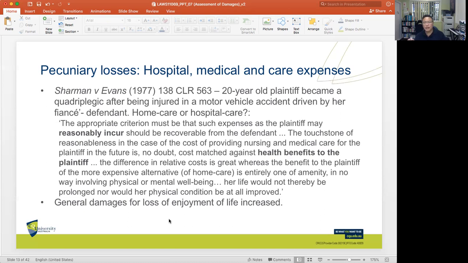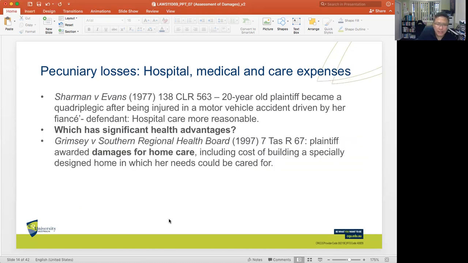Okay, but that raises the question: if we're looking at health benefits as the criterion, according to Sherman versus Evans, for determining the type of hospital or medical care that should be given to a particular plaintiff, would it mean that home care is foreclosed? The answer is no. For example, in the case of Grimsey versus Southern Regional Health Board, a case in Tasmania, the plaintiff was awarded damages for home care, including the cost of building a specially designed home in which her needs could be cared for.